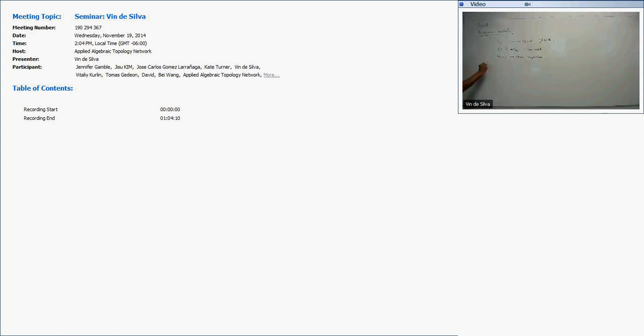Right. So the key example is sublevel sets, sort of the original example. What you have is a function f on a space x, which is continuous, but it sort of doesn't seem to matter too much. What we do is consider the sublevel sets, f inverse of minus infinity to t.